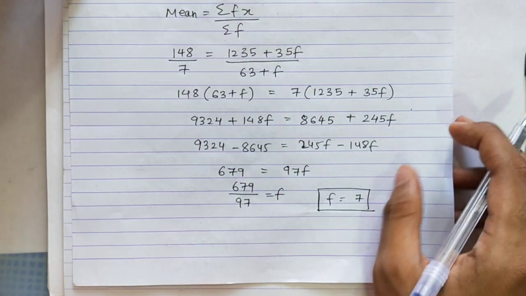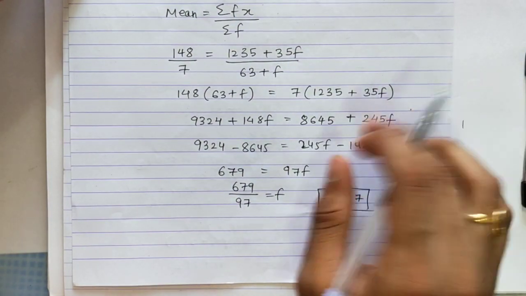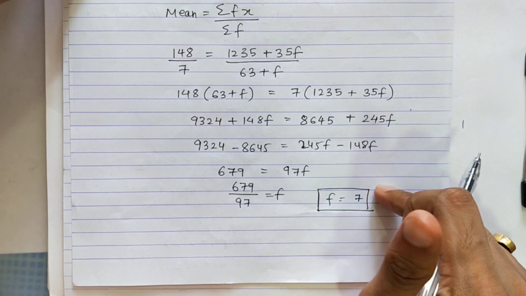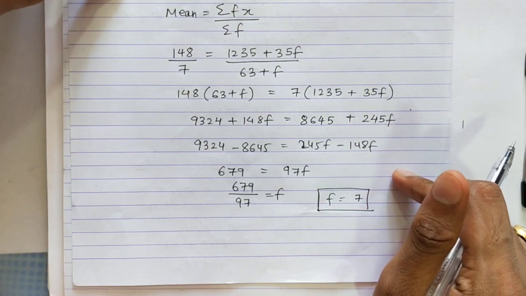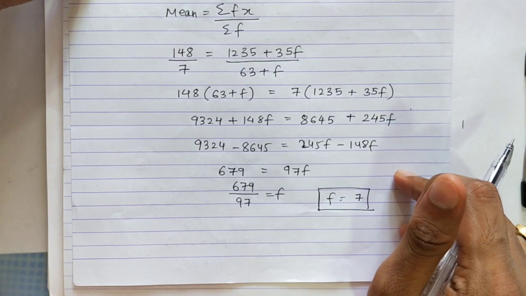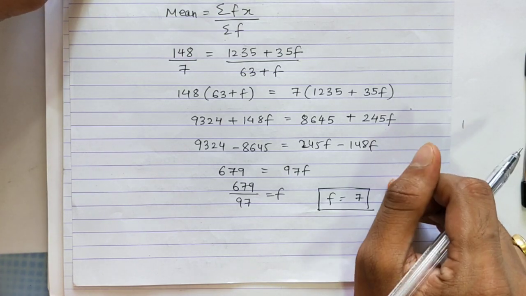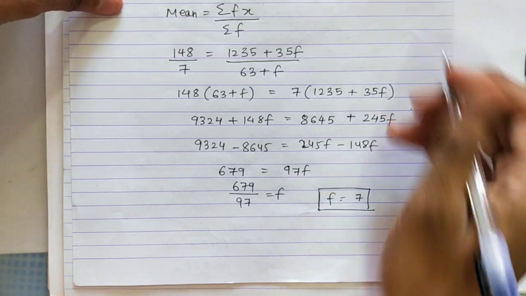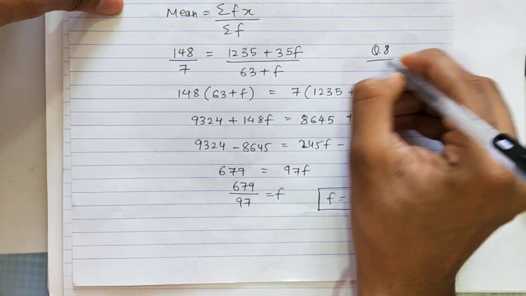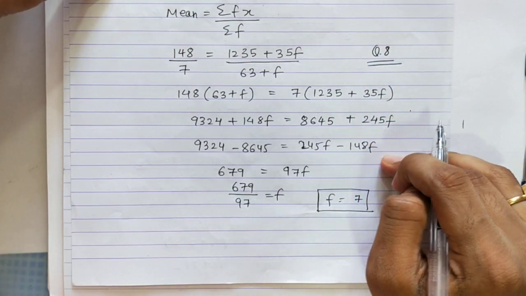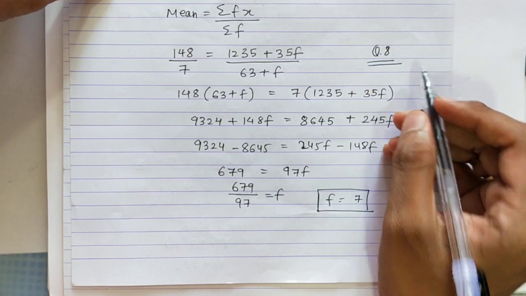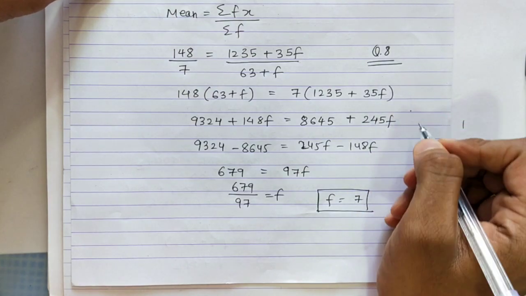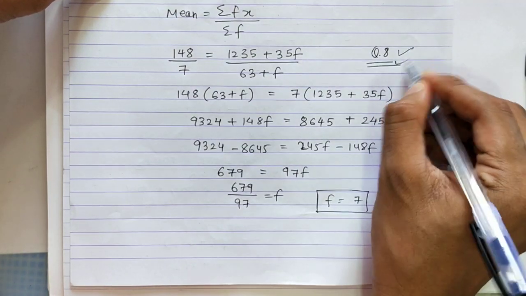Next sum. This was again a sum based on direct method only, and one unknown value was given. Now there is one more sum in this exercise, question number 8, which is similar to this, where we have one unknown value and we have to use direct method. So do this sum for practice.